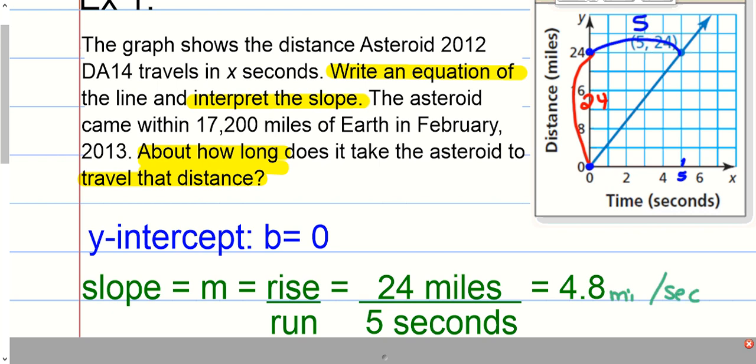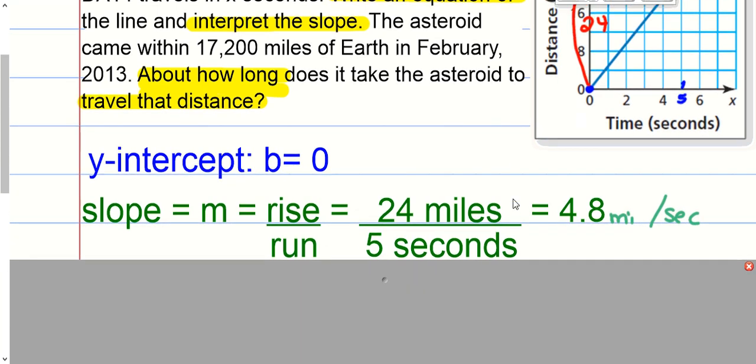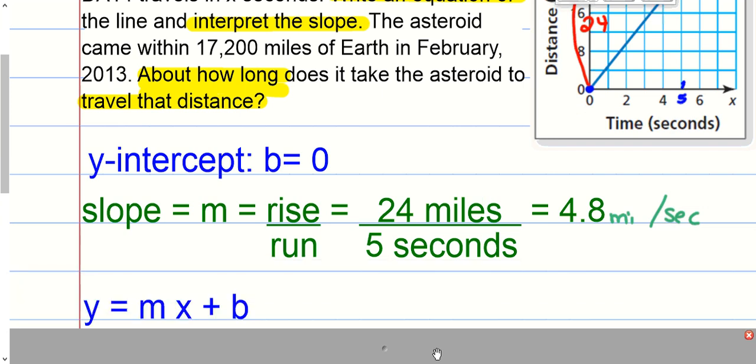All right, so now we have our y-intercept and we have a slope. And that falls into the very first equation from the first slide, which is going to be slope-intercept form. All right, so if we use slope-intercept form, we are starting off with y equals mx plus b.